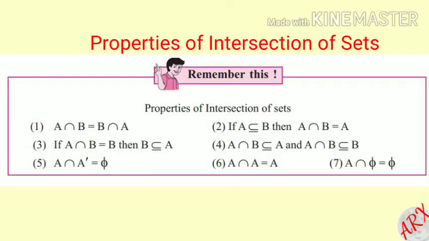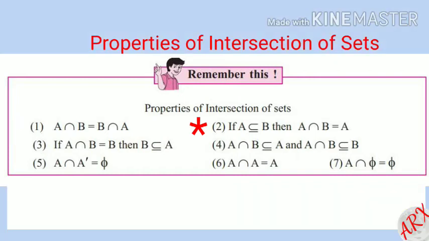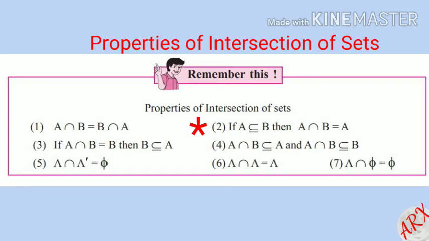Properties of intersection of sets. First, A ∩ B = B ∩ A. Second, if A is a subset of B, then A ∩ B = A. Third, if A ∩ B = B, then B is a subset of A. Fourth, A ∩ B is a subset of A and A ∩ B is a subset of B. Fifth, A ∩ A' = φ, that is the empty set.